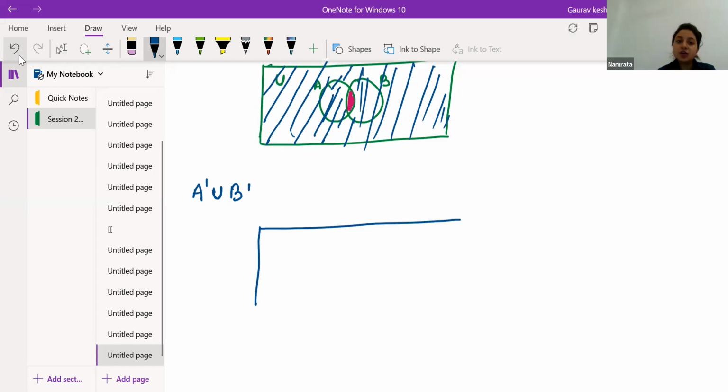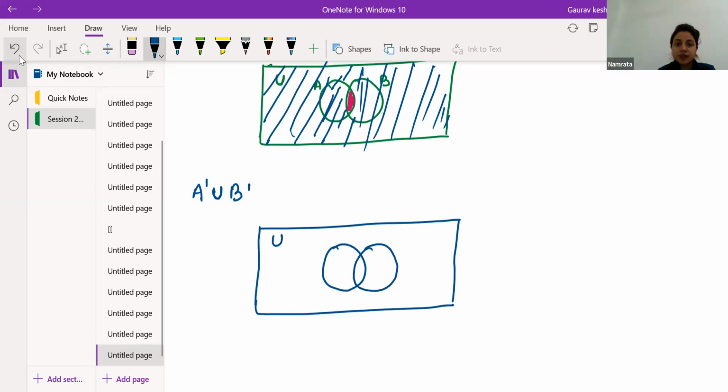We will first draw the universal set. Here set A will be there and set B will be there. What we have to draw? Complement of A. That means from universal set, we have to exclude A. From universal set, we have to exclude B. Then which portion we will shade?